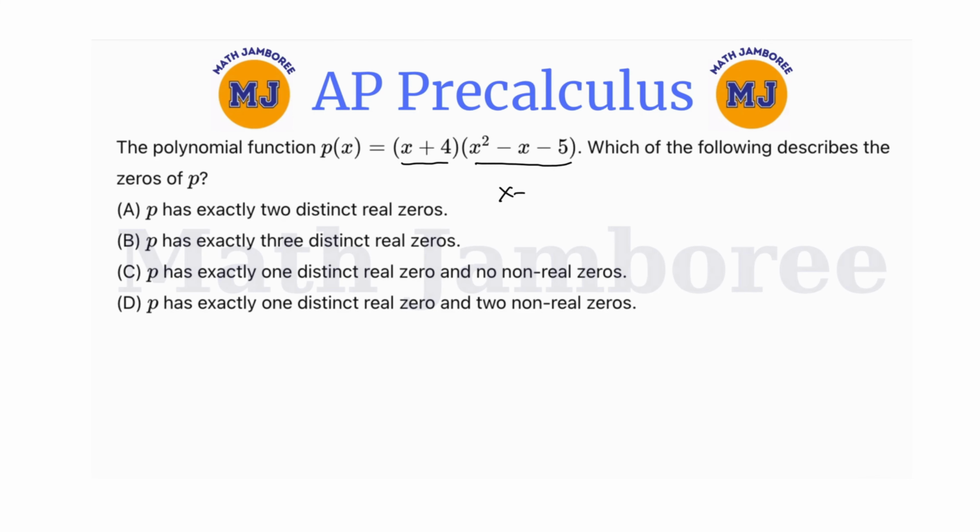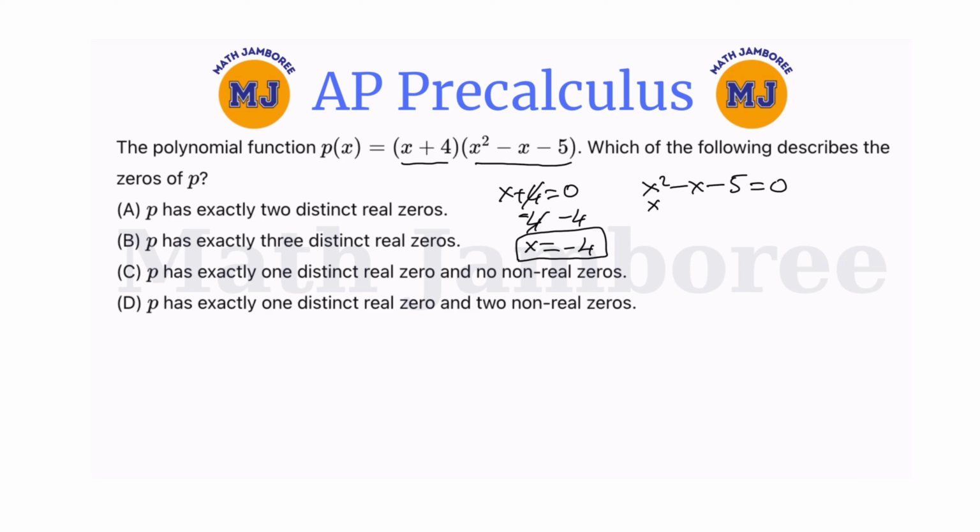If we make them equal to 0 and solve for x, we will find its zeros. From this expression, by taking away 4 from both sides, we get negative 4. The first zero is negative 4, which is the root.